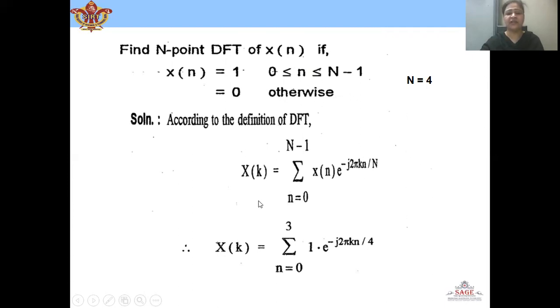Now using the formula of DFT, we will put n equal to 0 to 3. x[n] has value 1, e to the power minus j 2 pi kn divided by 4. We will not consider another extended interval, because at any other values of n, the value of x[n] will be 0. So there is no need of writing summation in that range.